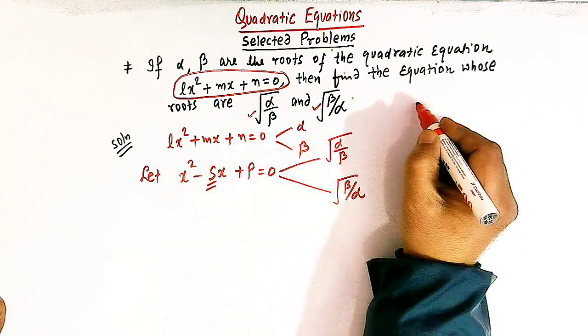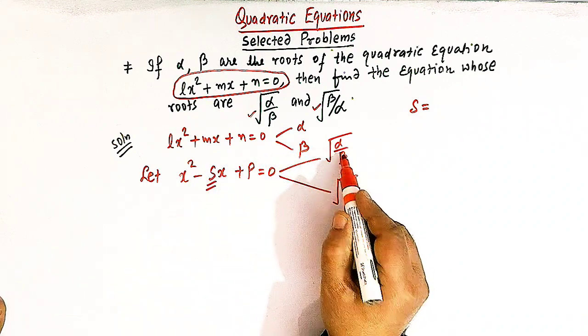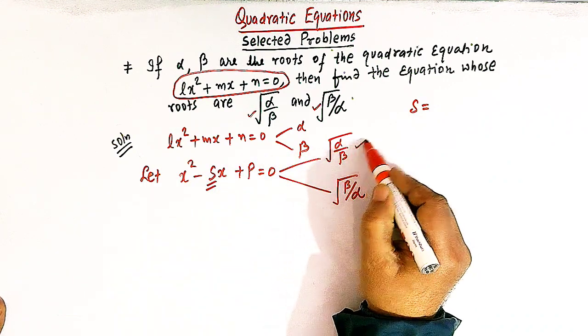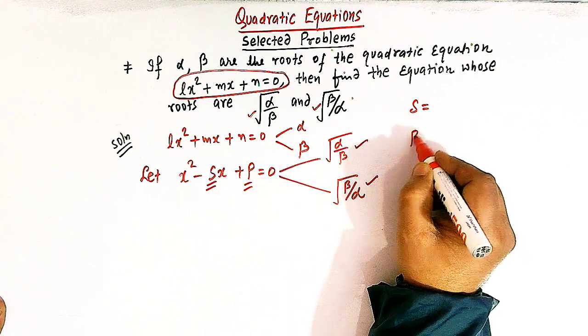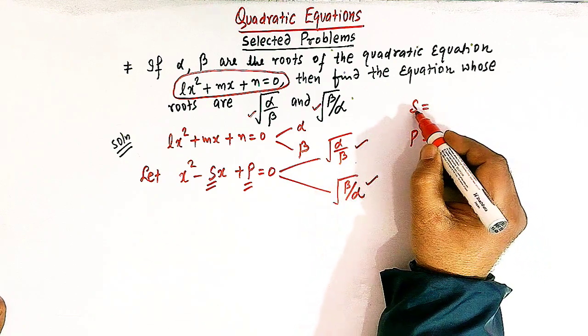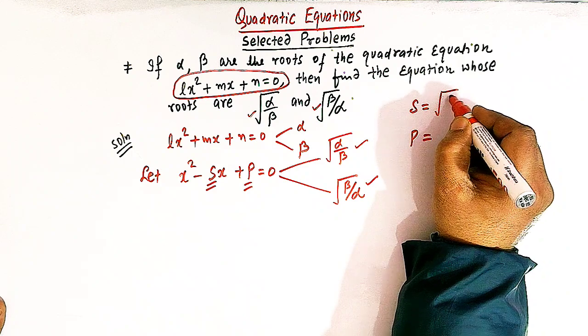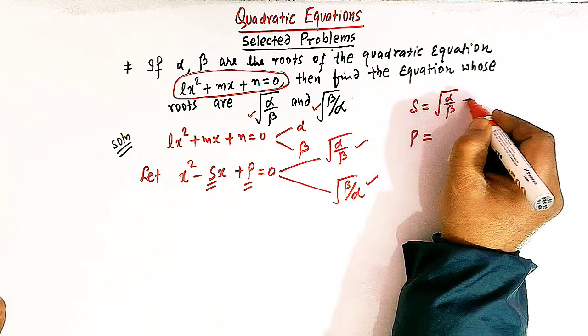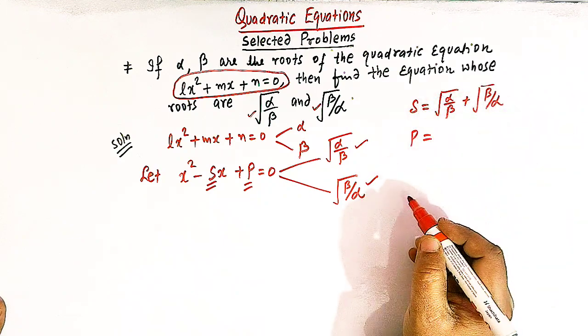Where this s denotes the sum of its roots, and p is the product of these two roots. So s is the sum of these two numbers: square root of alpha over beta plus square root of beta over alpha, right?